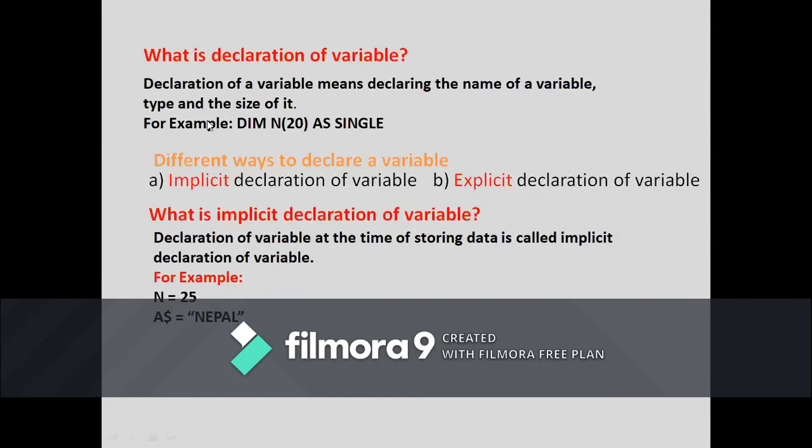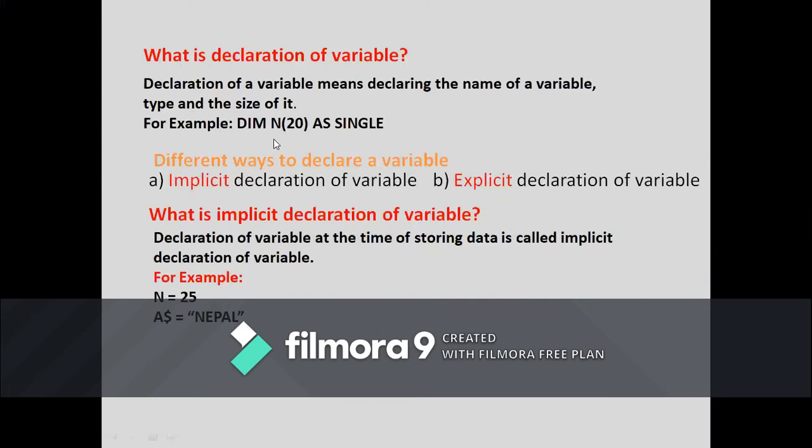For example, if you write dim n(20) as single, then dim is the statement through which you can declare a variable. Here n is a numeric variable. This 20 is called size or subscript, and single is called the data type, single precision. So n is a numeric type of variable. In this way we can declare a variable.